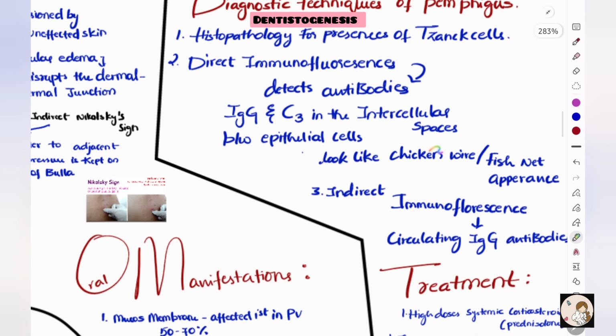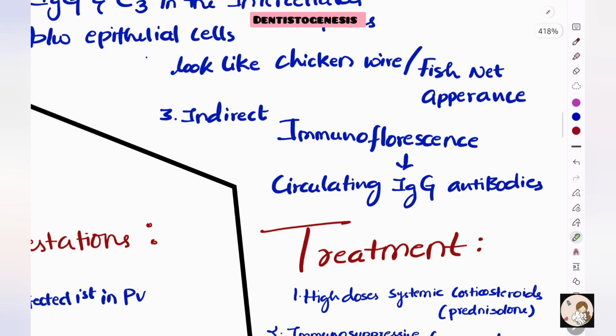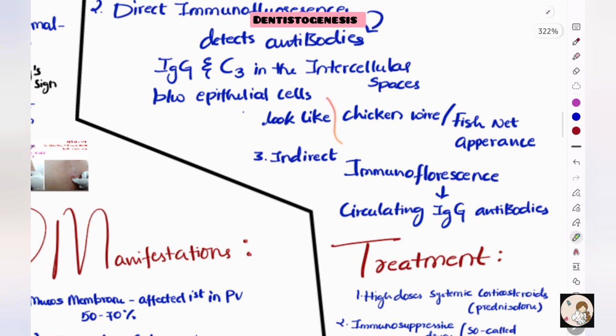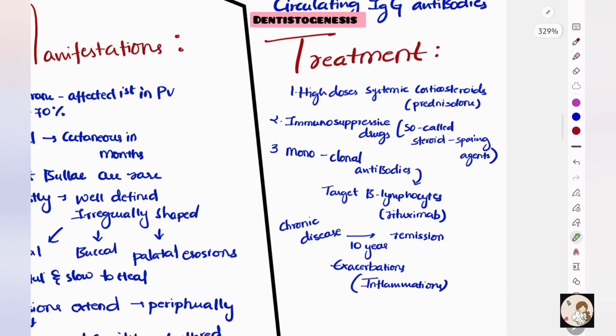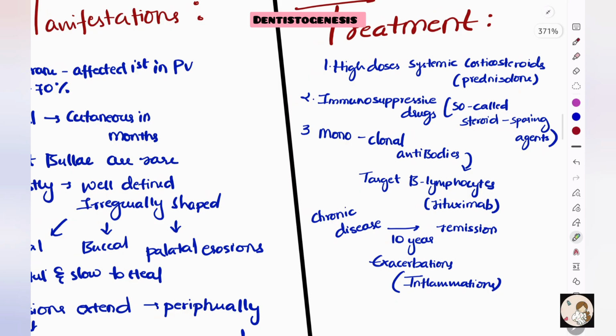So, chicken wire and fishnet appearance. If we do an indirect immunofluorescent test, we'll be seeing circulating IgG antibodies. So treatment of pemphigus includes a very well known treatment. High dose of systemic corticosteroids are prescribed, for example prednisolone could be given, and immunosuppressive drugs, as it is an autoimmune disease.